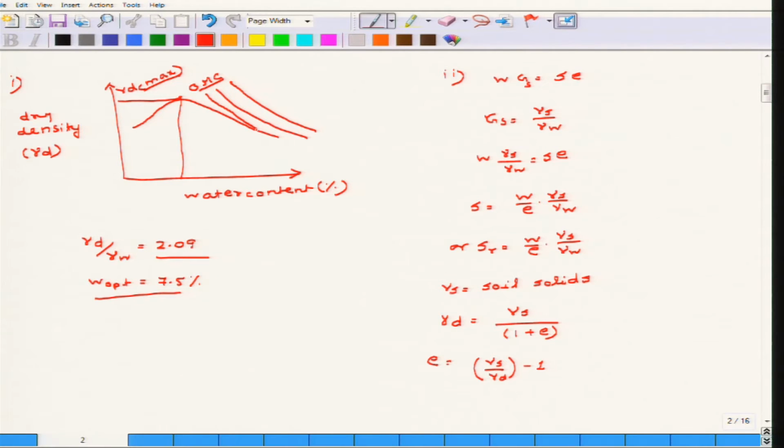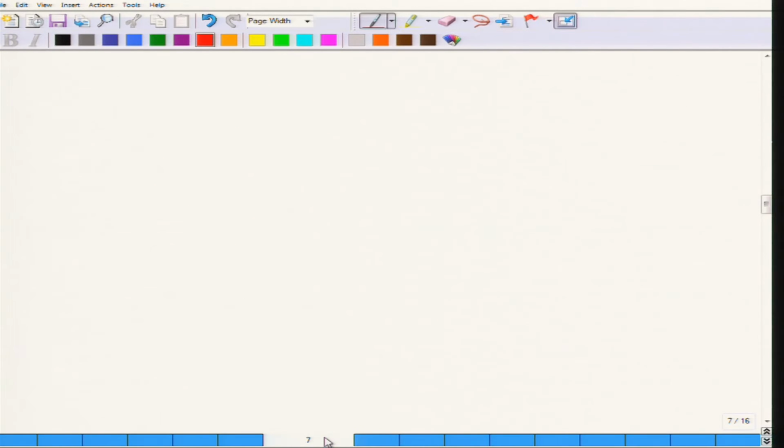It is always said that the 100% saturation line is often called the zero air void line, and the zero air void line can theoretically never intersect with the compaction curve. So, the zero air void line corresponds to 100% saturation. Let us see how the curve looks.